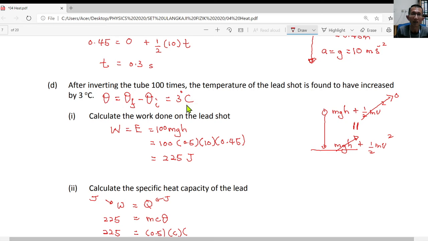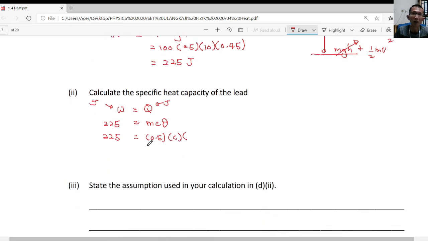So here is 3. Do you follow? So calculate c, you will get 150 joule per kilogram per degree Celsius. That is the specific heat capacity of the lead.